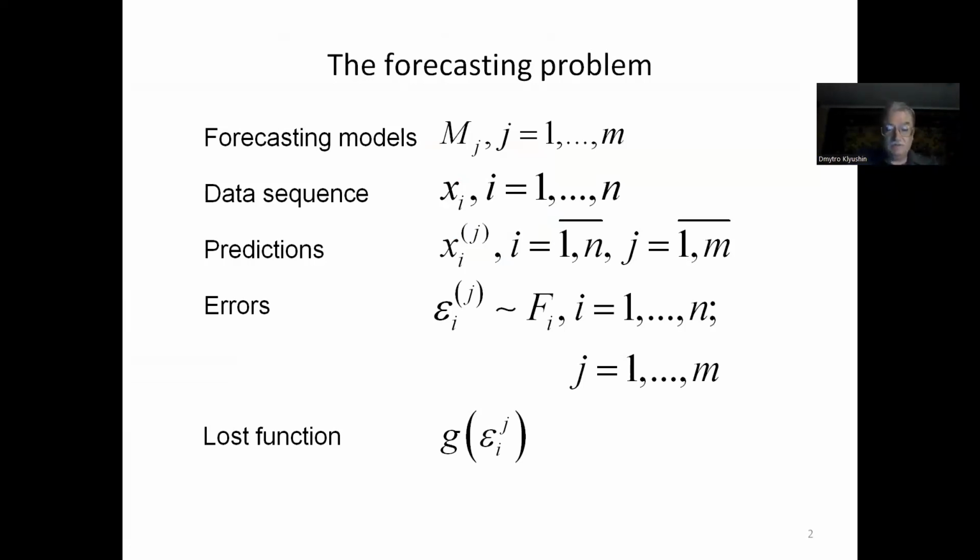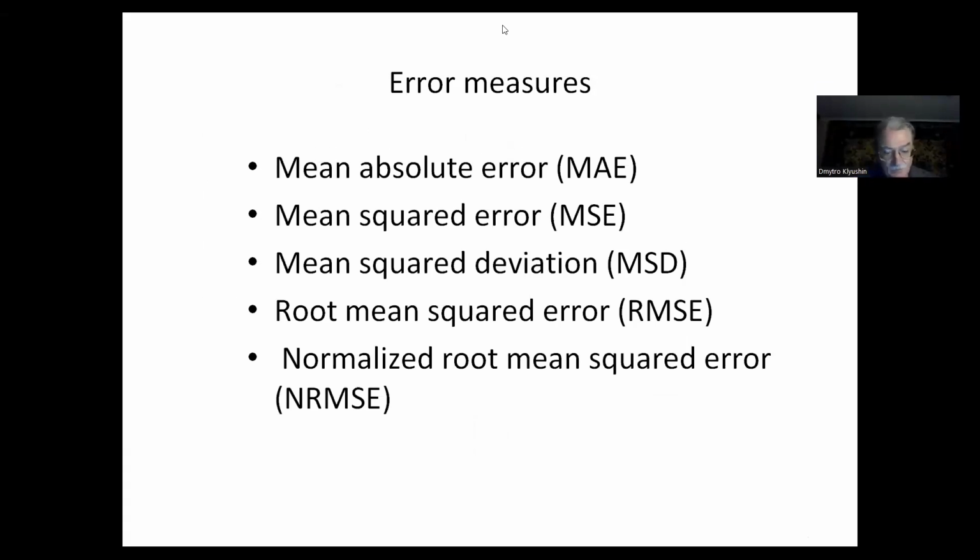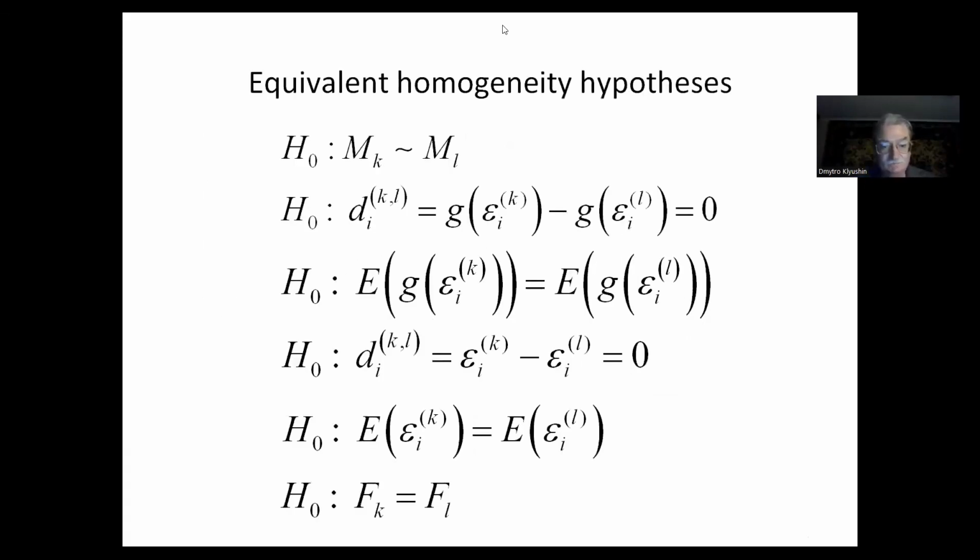To compare forecasts by their error measures, we must test whether their distributions are equivalent. If the distributions are equivalent, we cannot distinguish the models. There are several error measures for forecasting: mean absolute error, mean squared error, mean squared deviation, root mean squared deviation, and normalized root mean squared deviation.